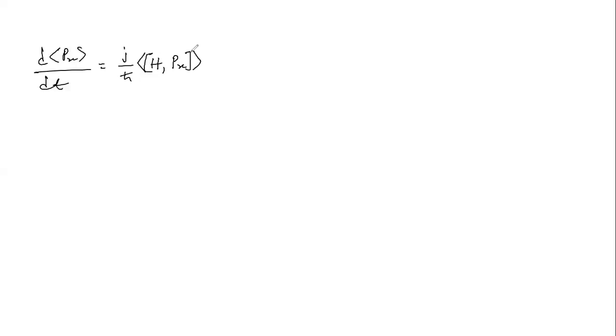We already showed this earlier. So this is going to give us jħ integral of psi conjugate, where we have the Hamiltonian, which is negative ħ² over 2m ∇² plus the potential energy operator, then minus jħ d/dx psi dx.